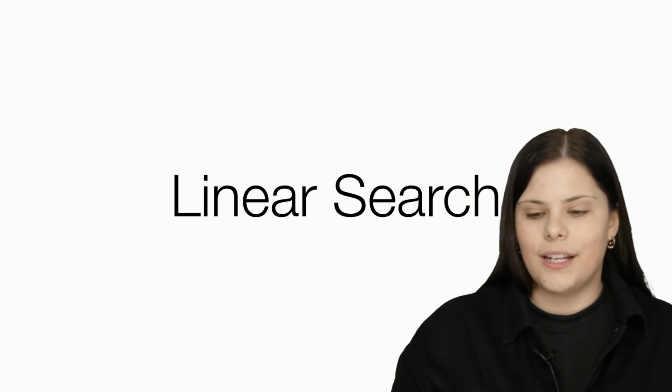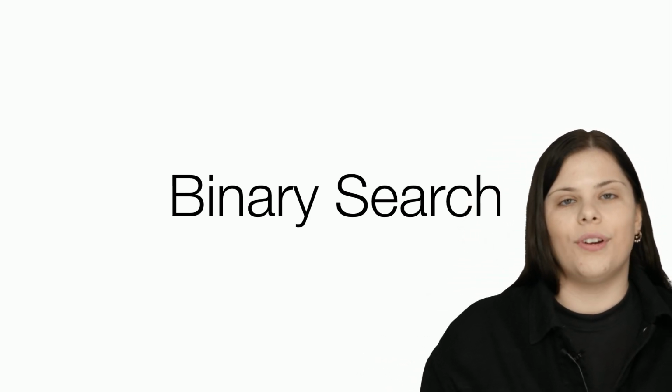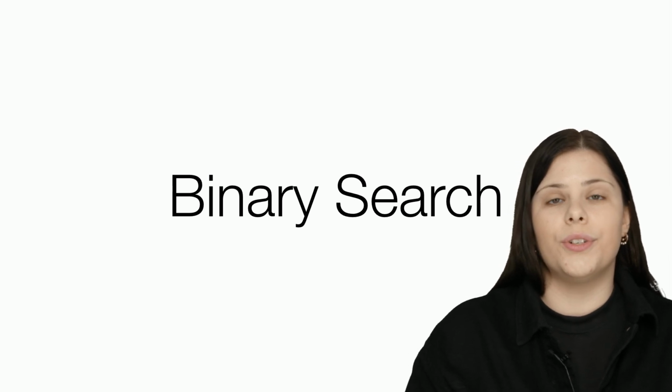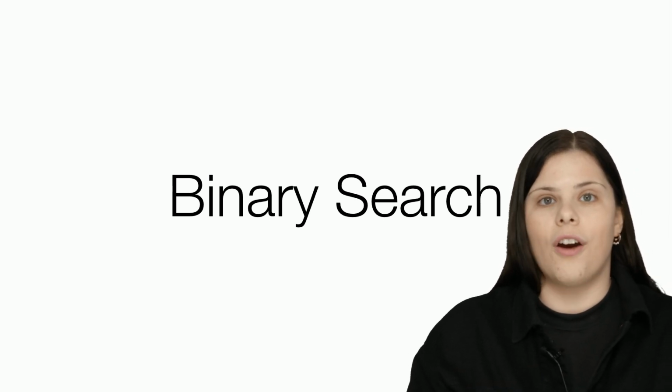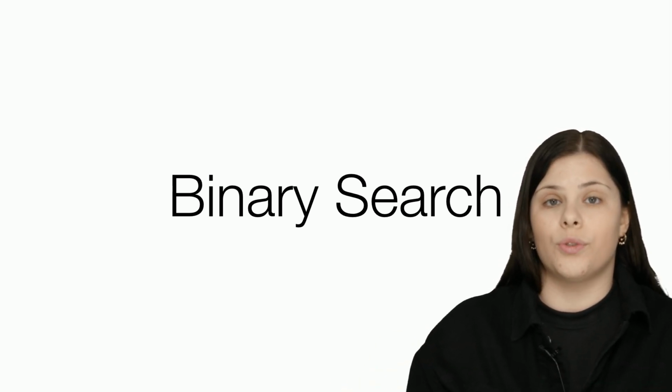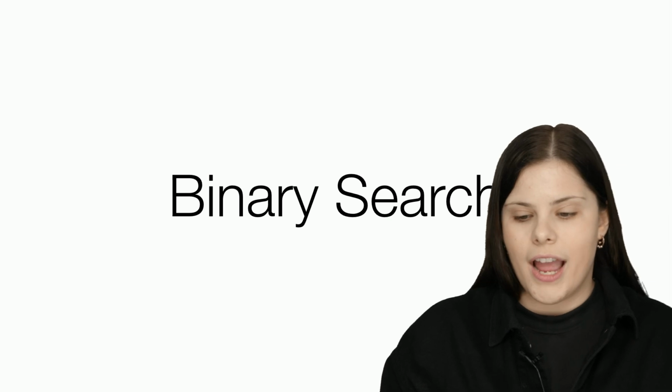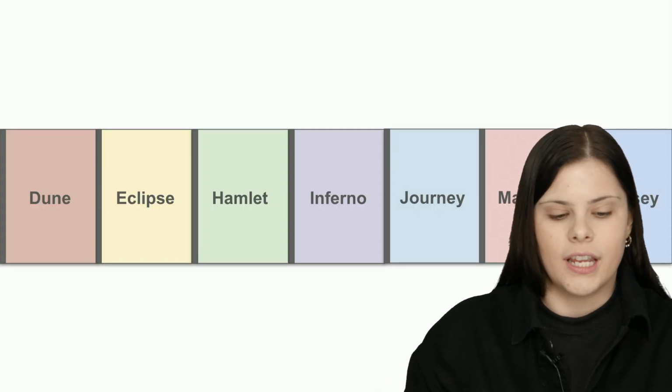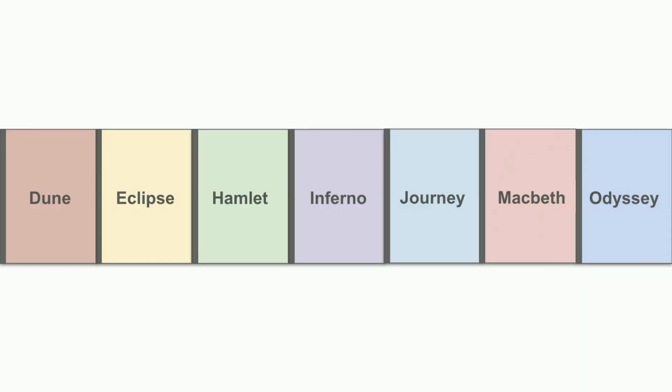Now let's consider binary search, and recall from the lecture that in order to use binary search, our list of objects has to be sorted. So I spent some time sorting my books, and this is what I ended up with: all my 7 books sorted alphabetically, and again, I'm looking for a book called Journey.